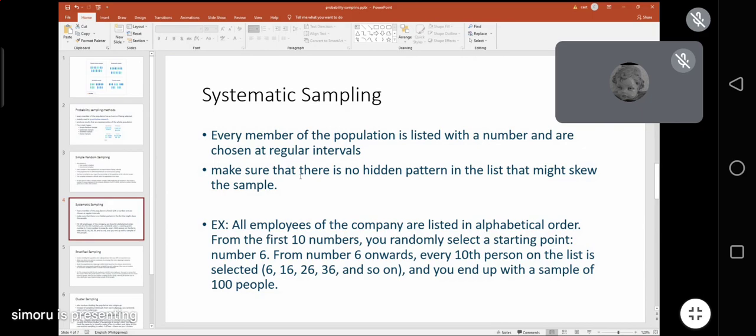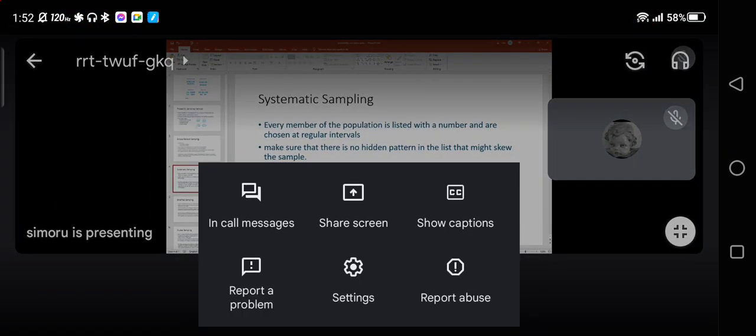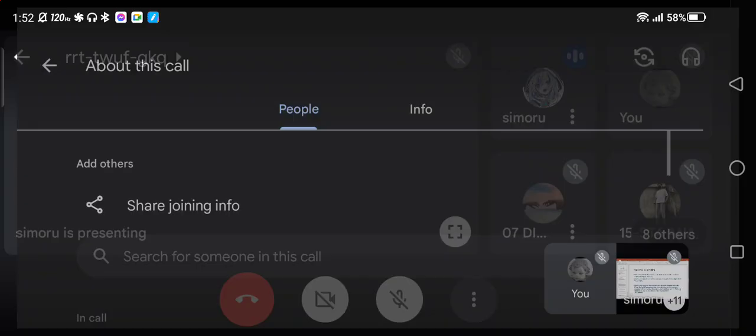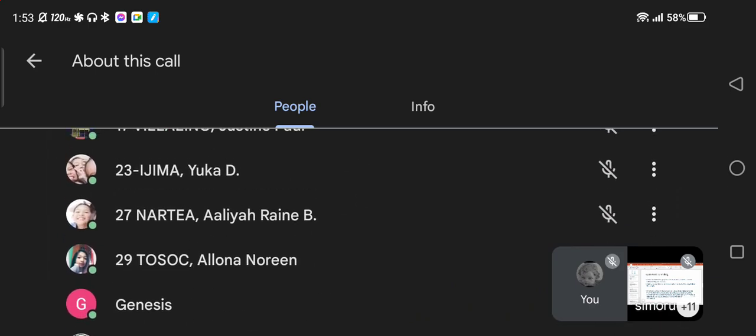To explain more about the patterns, let me give an example. Let's say you choose the listed members by the multiples of three. So the person who is 3, 6, 9, 12, 15, etc. will be the one included in your sample.